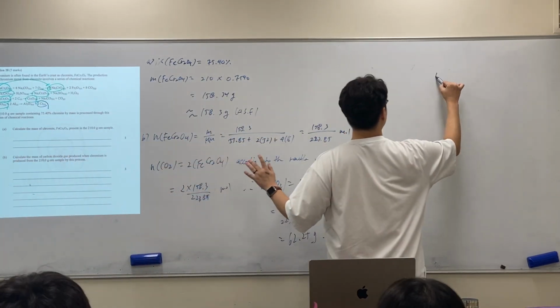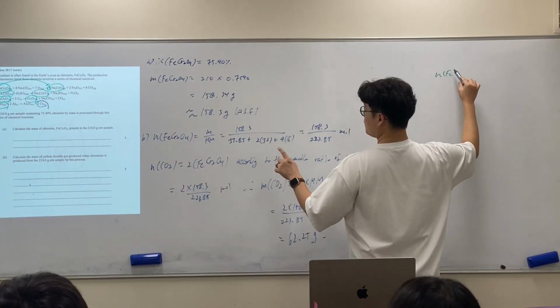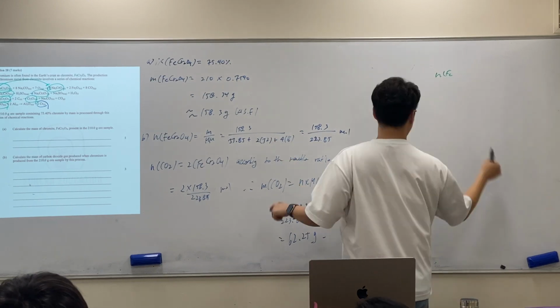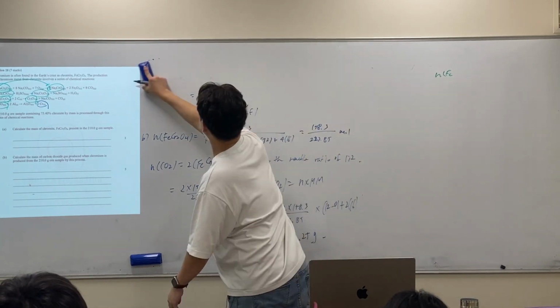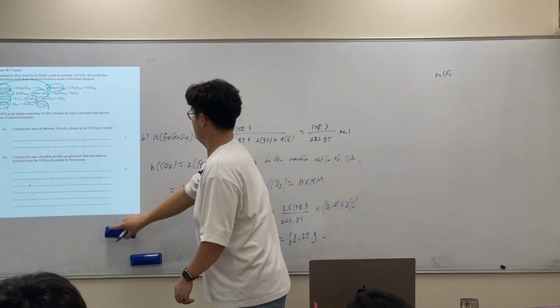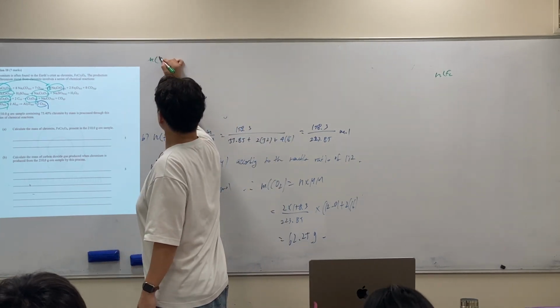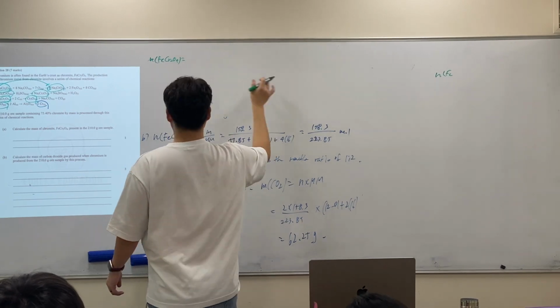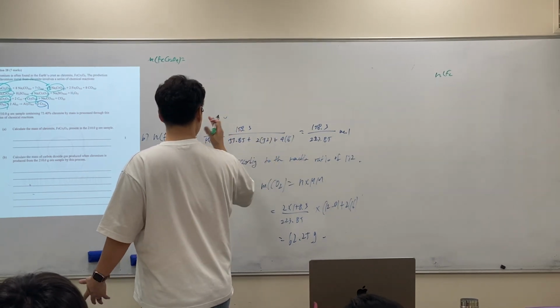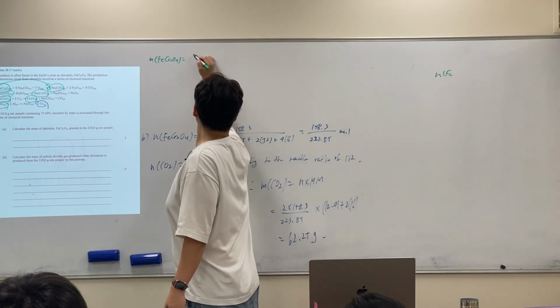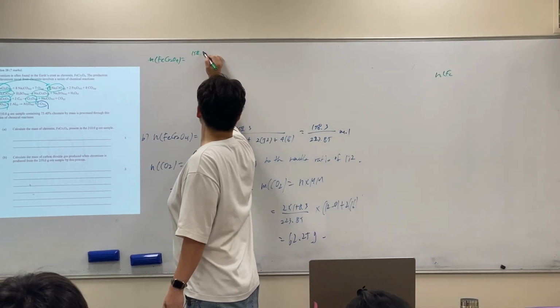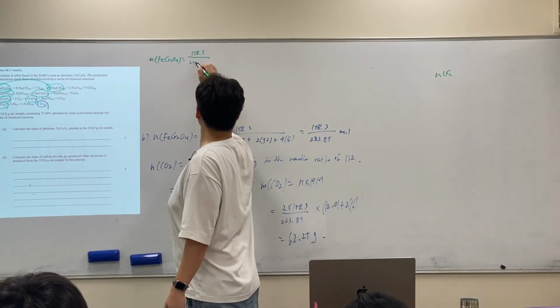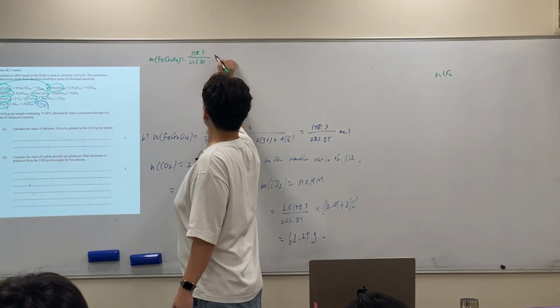n of the FeCr2O4, I'm going to rewrite that on the top. What we are given, n of the FeCr2O4 is given as, we found that as approximately 2 times 158.3 divided by 223.85 mole.